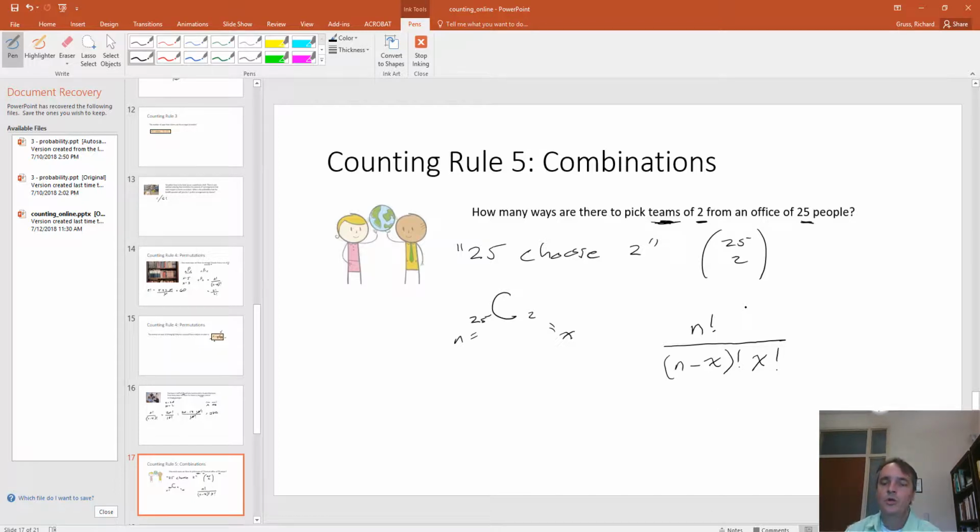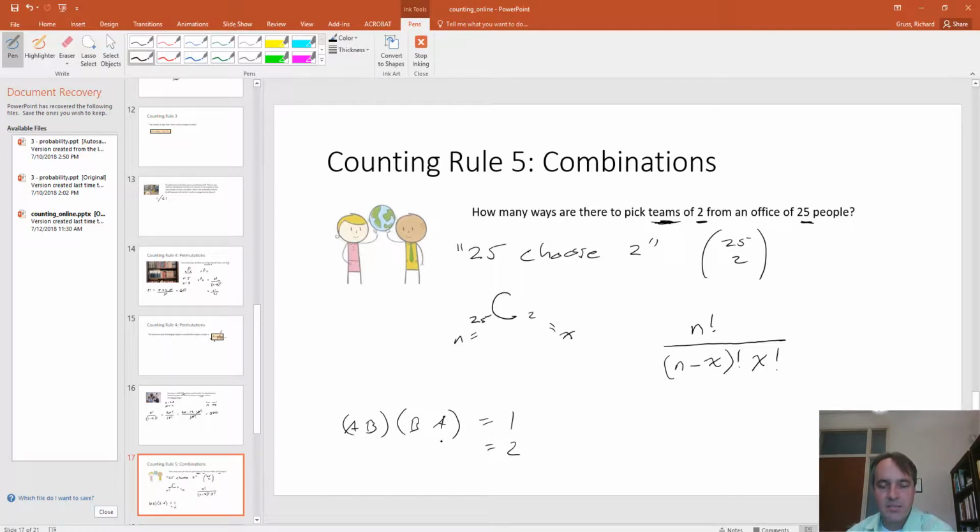Now, which is going to be larger, 25 permute 2 or 25 choose 2? If we don't care about ordering, we're going to have twice as many permutations as we have combinations, right? Because if you pick person A and B, and then person B and A, and we don't care about ordering, these are the same, so that's just 1.